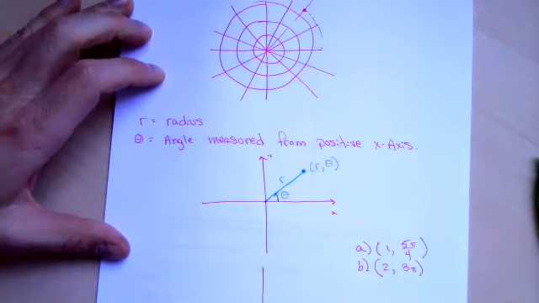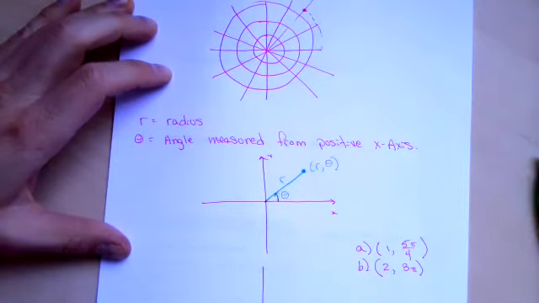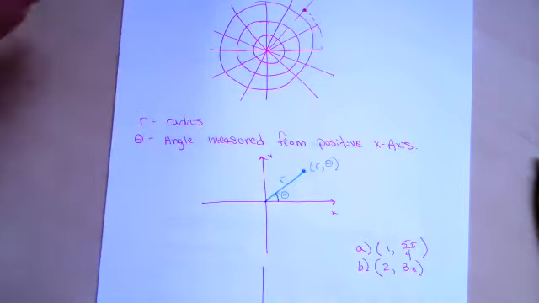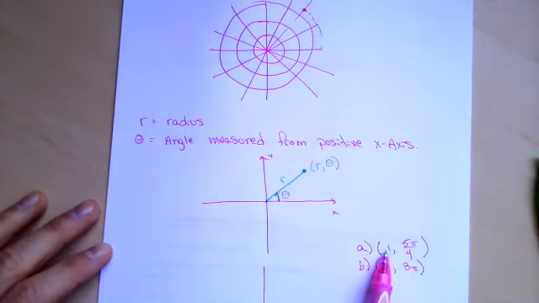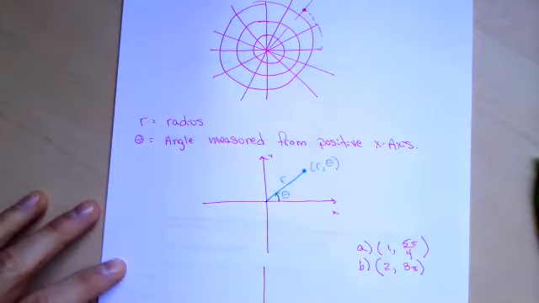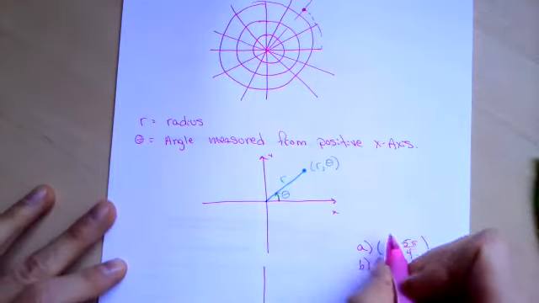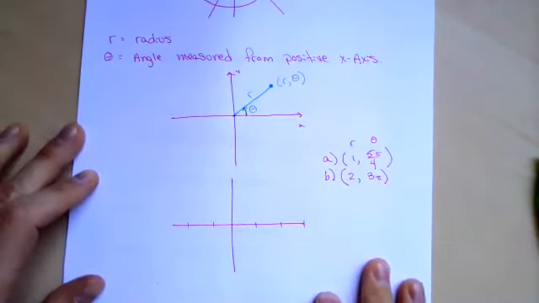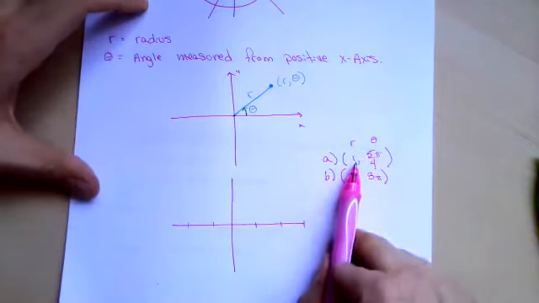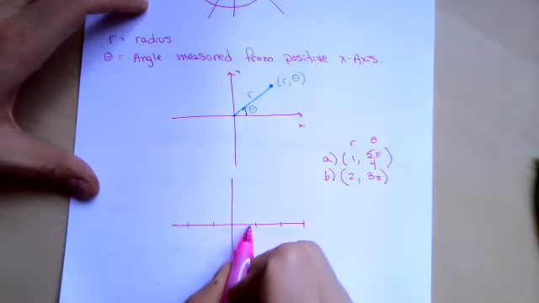The way you want to do it is to start along the positive x-axis. Just like if I was plotting x and y coordinates, where if my x coordinate was 3 you would count over 3 and then up to your y coordinate. With polar coordinates, you count over by your radius. So remember, it's (r, theta). Our r is 1, so we go over 1.